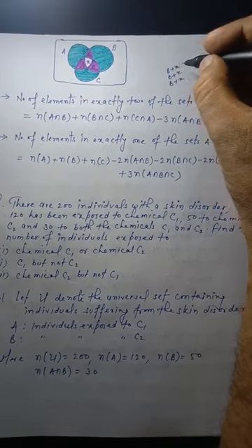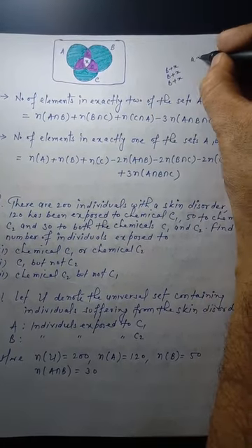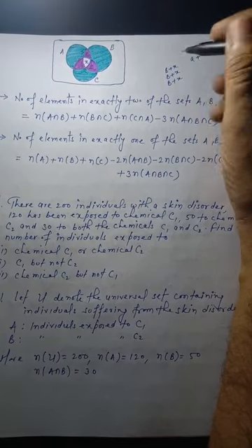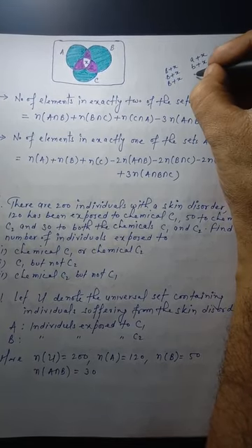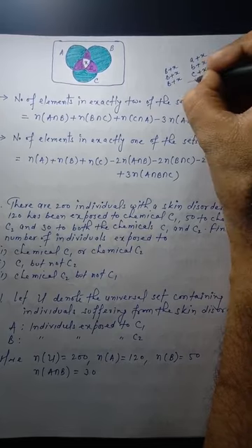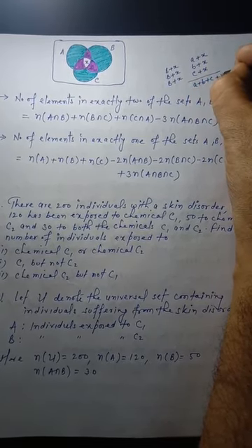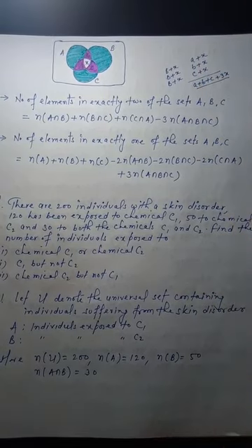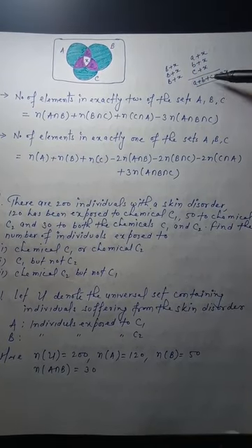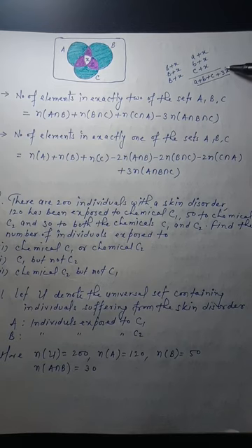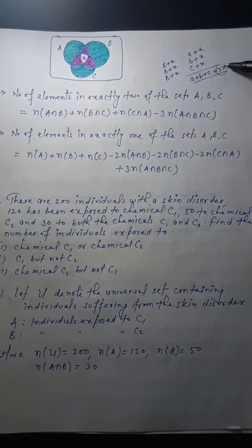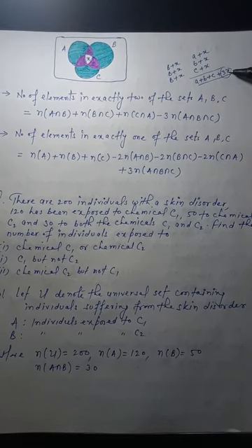The first brown is a, so this is a plus x. The second brown is b, so it is b plus x, and the third brown is c, so c plus x. You add it, you will get a plus b plus c plus 3x. Actually we require only a plus b plus c, so we have to remove this 3x, and this x is the common part.